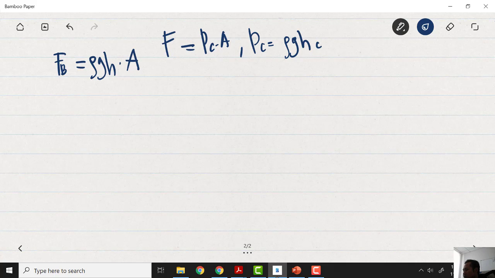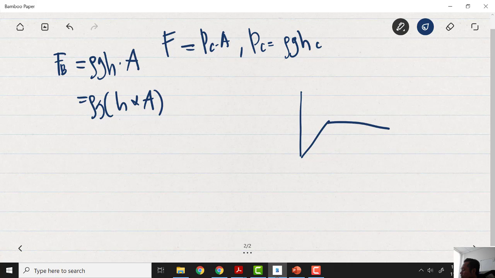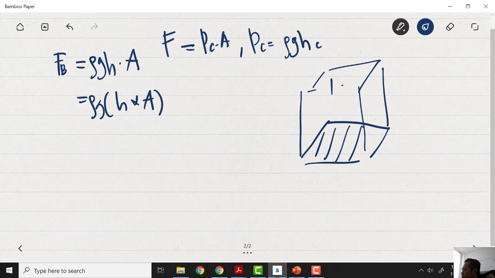We also know that h is height and A is area. So what do you get if you multiply height with area? You get volume.